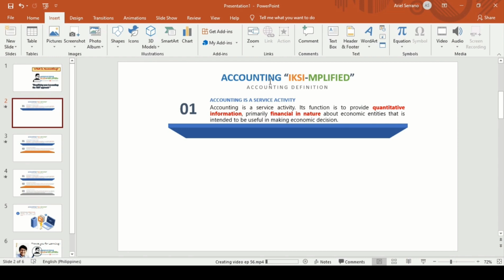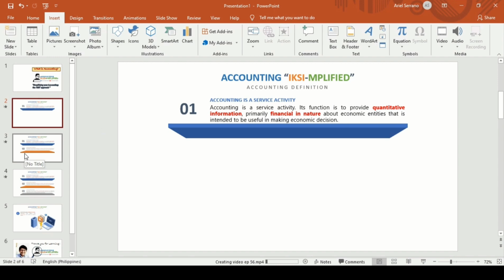It is a service activity. And I'd like to remind you that when we are talking of service, we are not providing a product or an item. We are using our skills or our labor when we are providing a service. That's why accounting is a service activity, because this is more of a back office. This is work involving our skills.